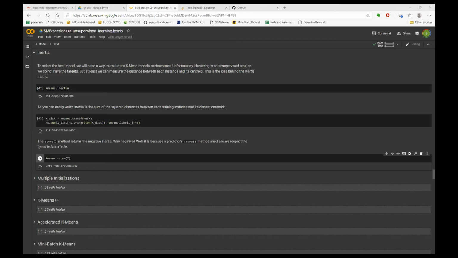So just to recapitulate, if you go back to page 243, I think it's relevant to note that the definition of the model's inertia is the mean squared distance, or the L2 distance, between each instance and its closest centroid.